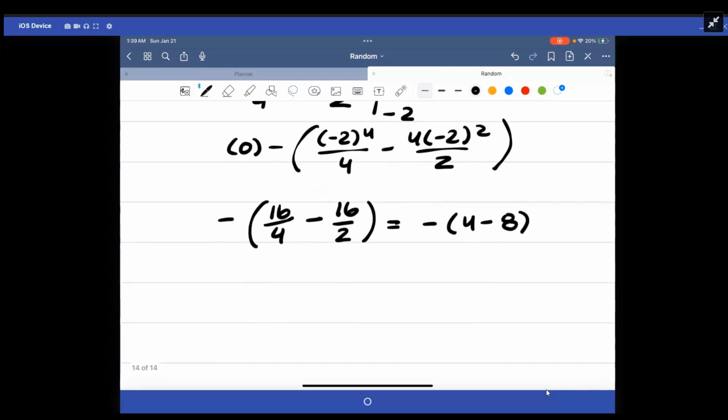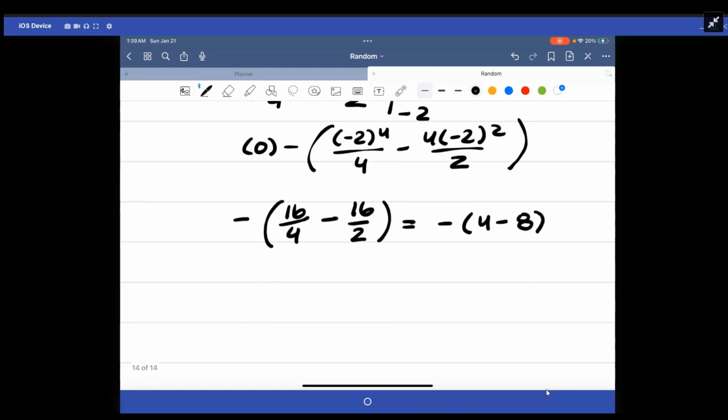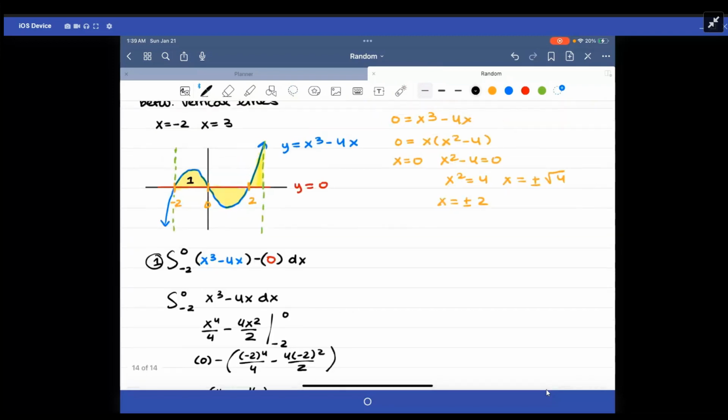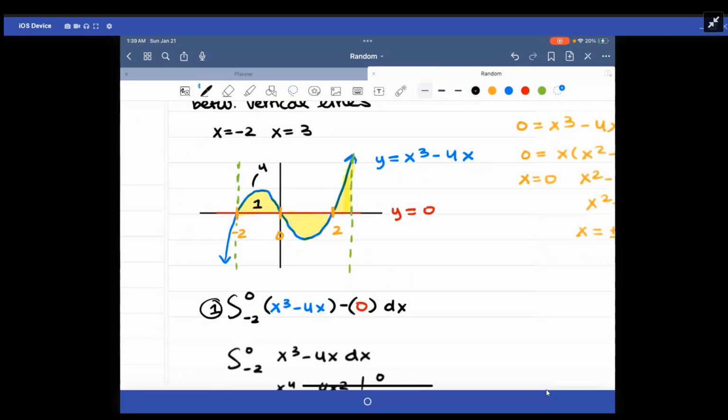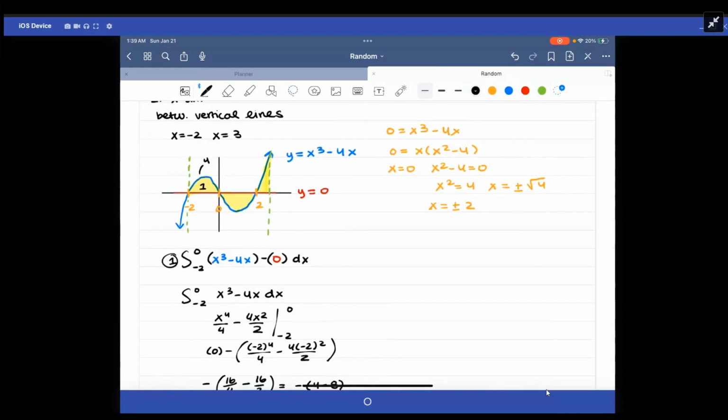That's negative 4. Negative of negative is positive, so you get positive 4. So we know this area right here is 4. Okay, now we move on to the next part, which is from 0 to 2.